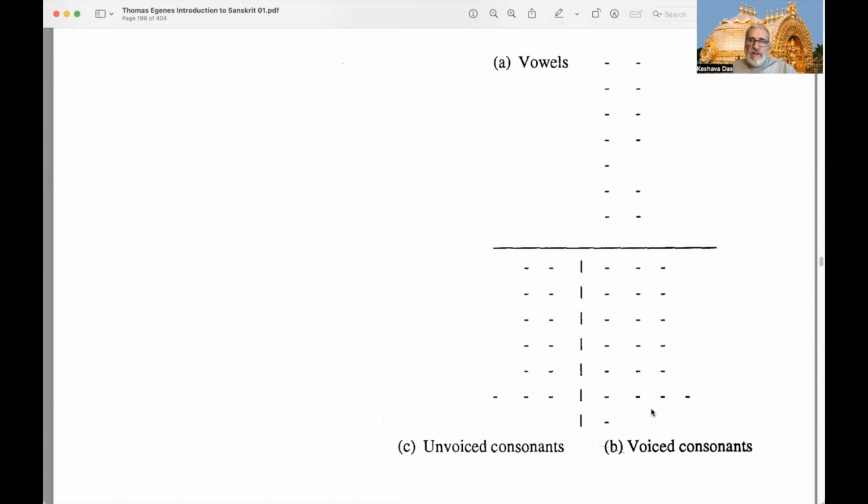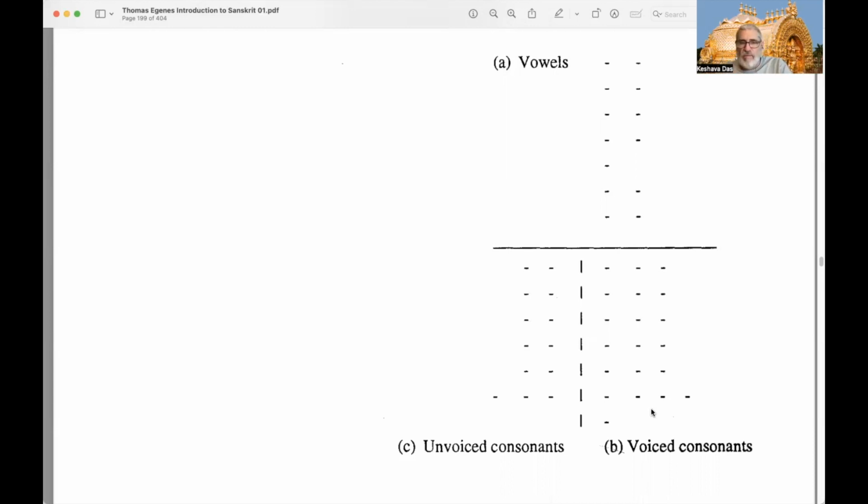In every line of the 25 main consonants of the alphabet, the last 3 are considered voiced consonants. So ga, gha, nga, ja, jha, nya, da, dha, na, ba, bha, ma. These are all voiced consonants. And then unvoiced consonants, which are the others.